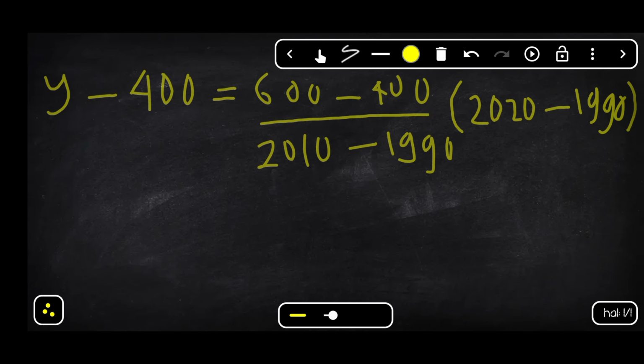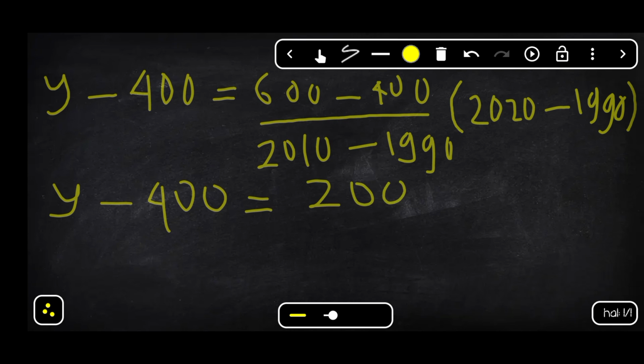Now we can calculate this. y minus 400 equals 600 minus 400, which is 200, divided by 2010 minus 1990, which is 20, times 2020 minus 1990, which is 30.